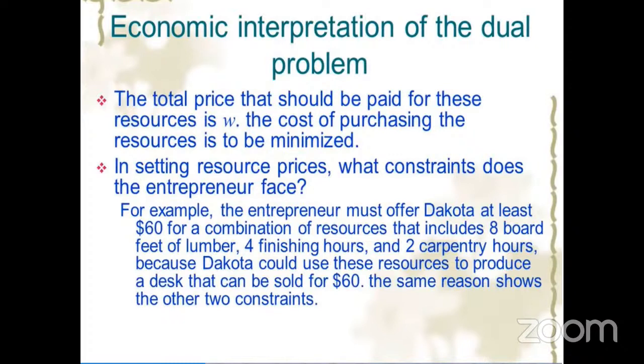In setting resource prices, what constraints does the entrepreneur face? For example, the entrepreneur must offer Dakota at least $60 for a combination of resources that includes 8 board feet of lumber, 4 finishing hours, 2 carpentry hours. Because Dakota could use these resources to produce a desk that can be sold for $60.